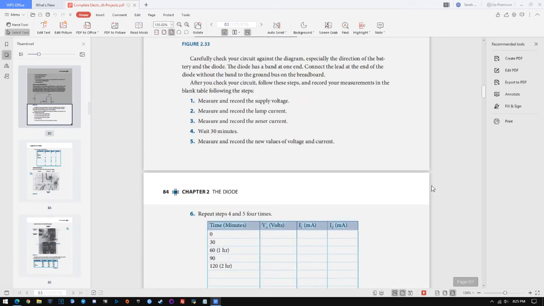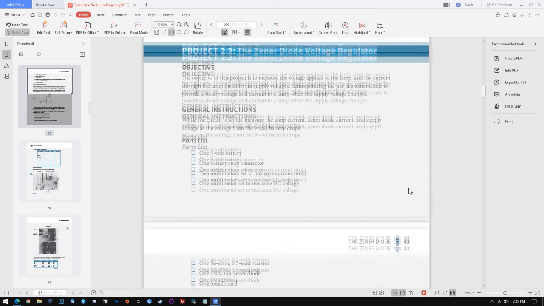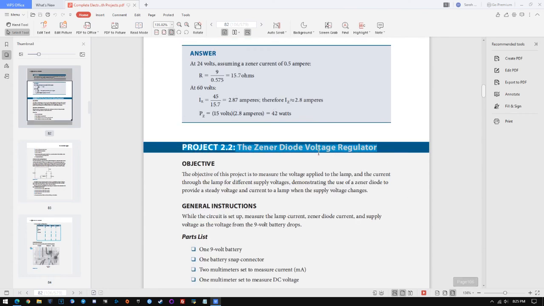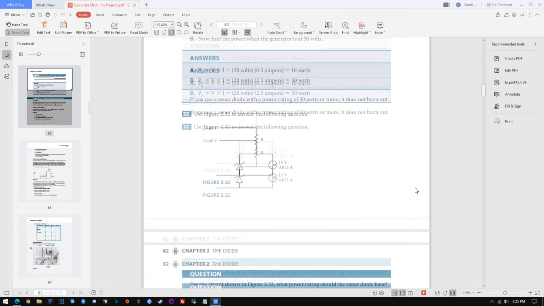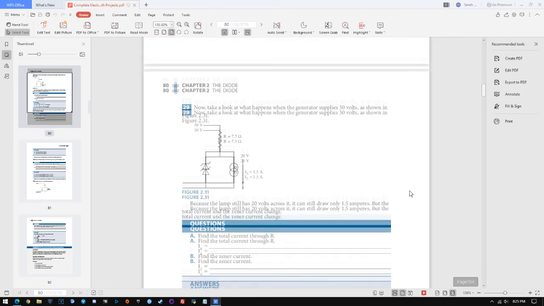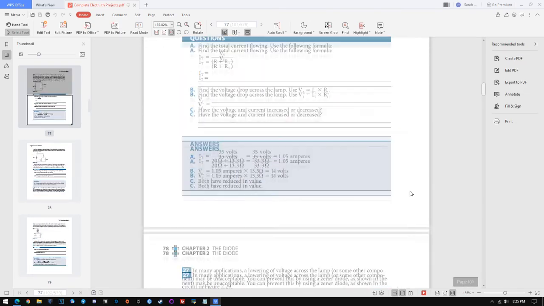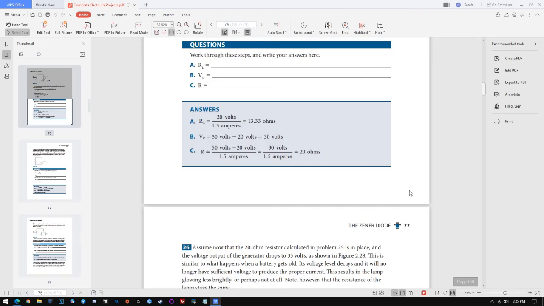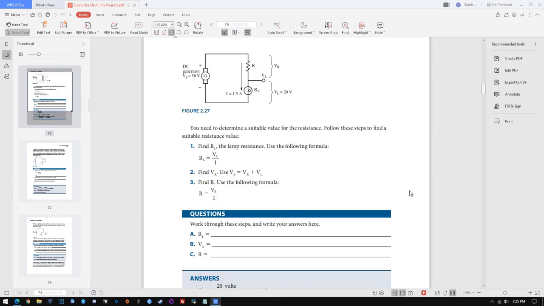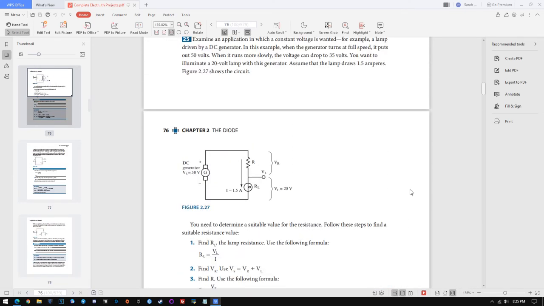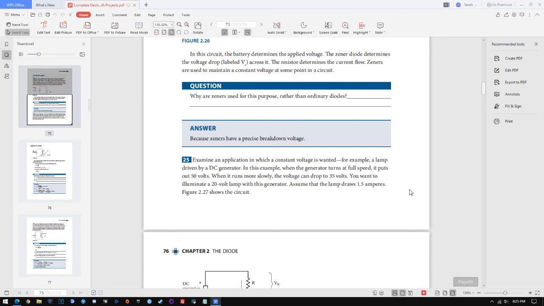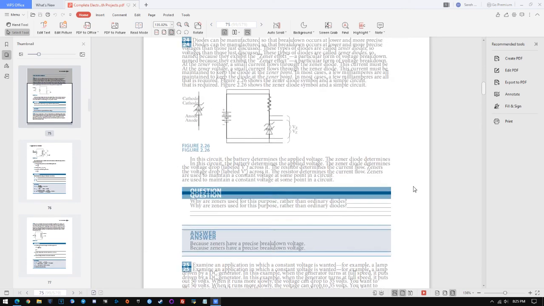Zener diode. Let me pull up the actual definition here. That has something to do with the electrons that go through it. So, a Zener diode is a special type of diode designed to reliably allow current to flow backwards. Oh, so that's the whole point, right? A diode does not allow things to go backwards. They also have a precise breakdown voltage too. Exactly.